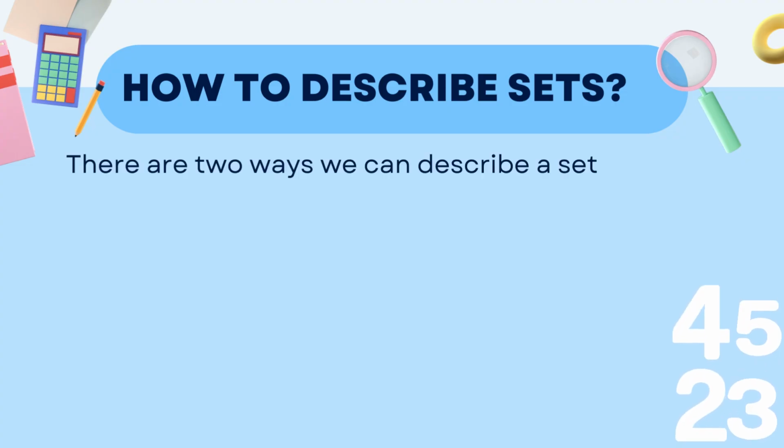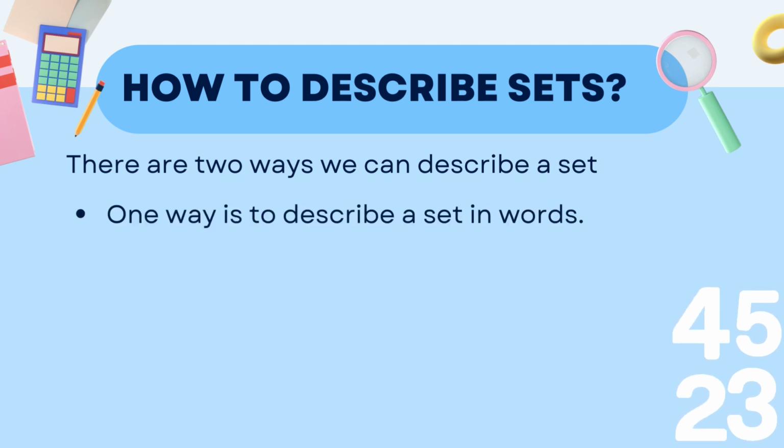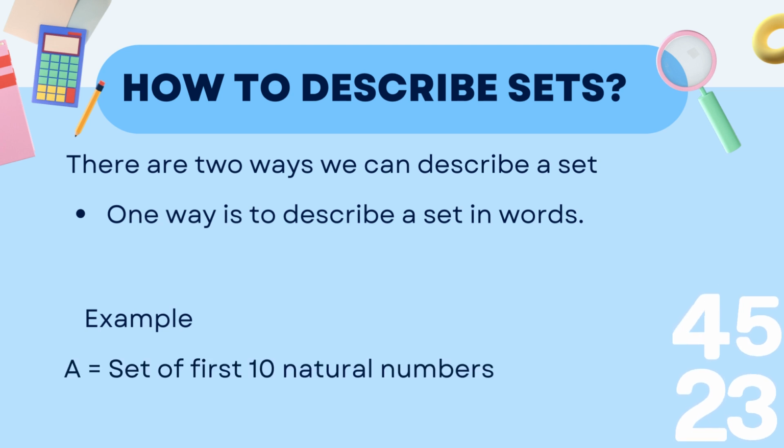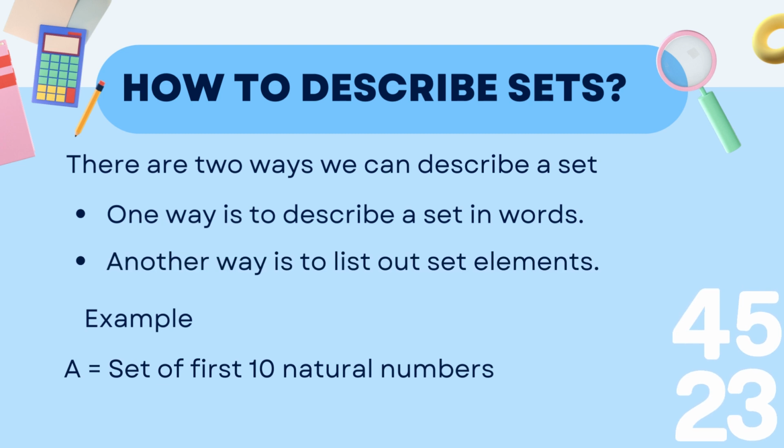There are two ways that we can describe a set. One way is to describe a set in words, as we did in the previous statement, that set A represents the first 10 natural numbers. Or the other way is to list out the set elements.